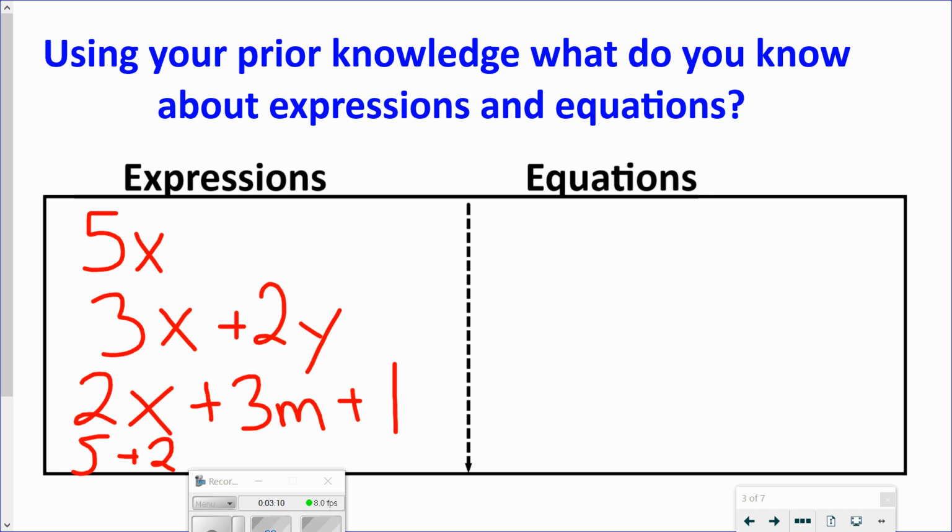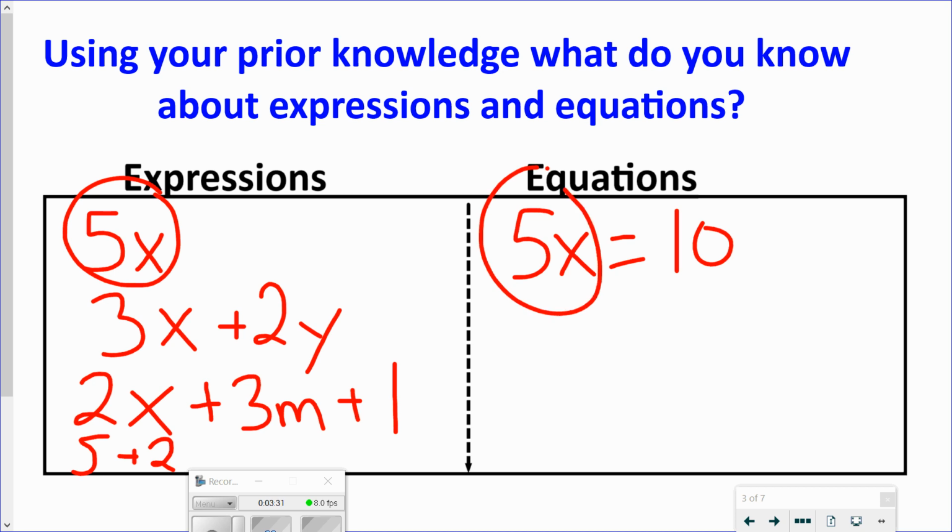So now we're going to look at equations. Equations really are just expressions, but they actually equal something. So if I have here 5x, I could say 5x equals 10. That's going to be my equation. If you notice the difference, this here is just a 5x. That has the 5x also, but here we have an equal sign.